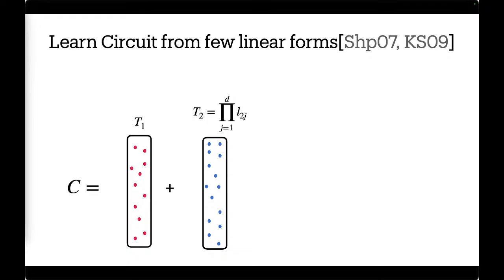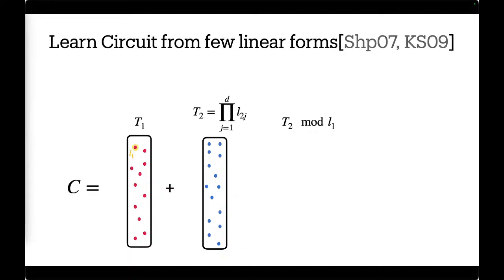So to understand what they did, consider a top fan-in 2 circuit. You have red and blue points. And let's say you have a friend who looked inside the black box and saw a red point, saw L1 and told you what it is. What can you do with this point? You can consider the circuit mod L1, and that gives you the gate T2 mod L1 because T1 vanishes, right? So you learn a projection of the gate T2 mod L1.